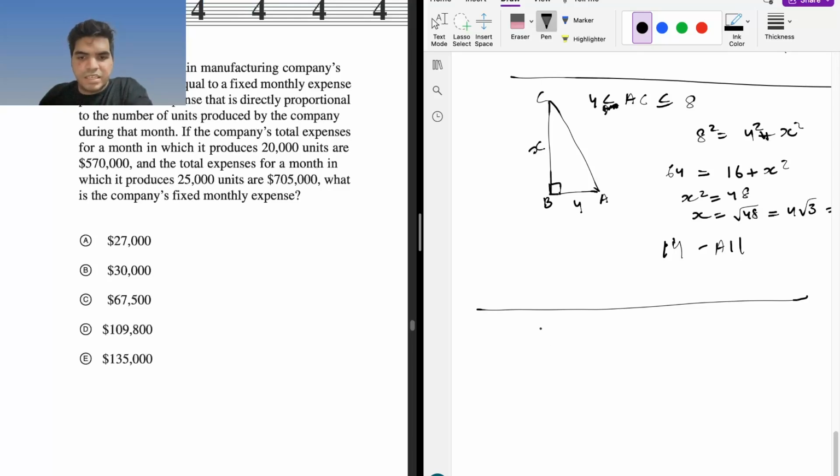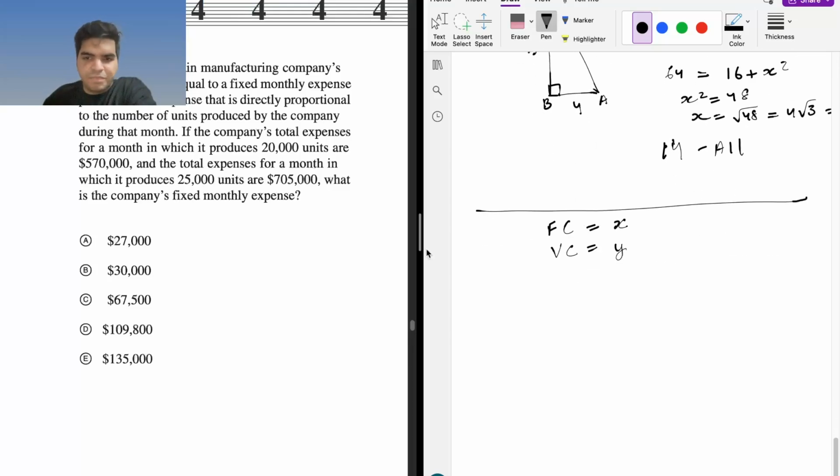Let's assume fixed cost FC is equal to X and variable cost, which is dependent per unit, we will write per thousand units. It's much simpler that way. So fixed cost is X, and for 1,000 units we'll have a variable cost of Y.